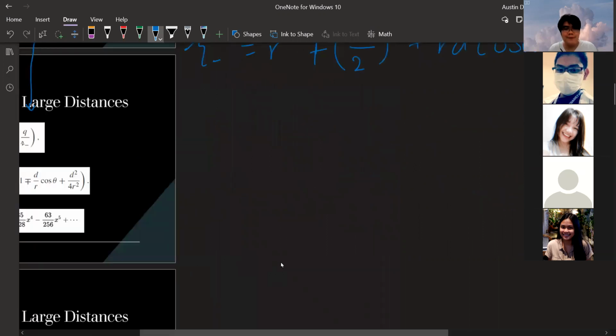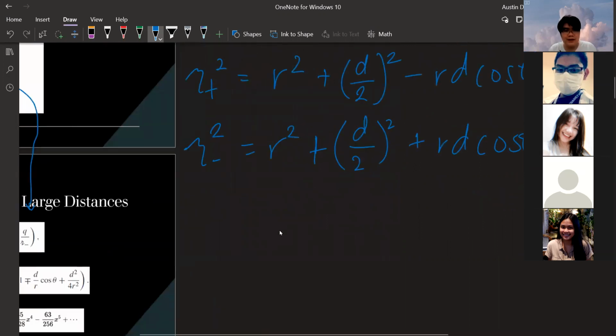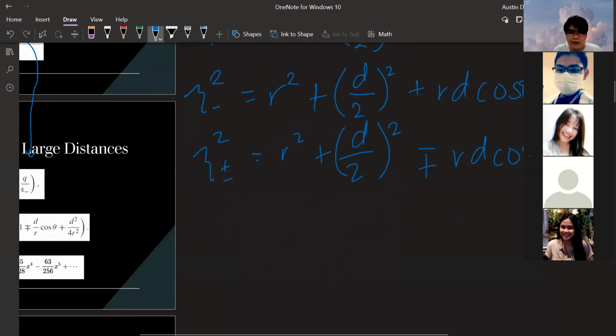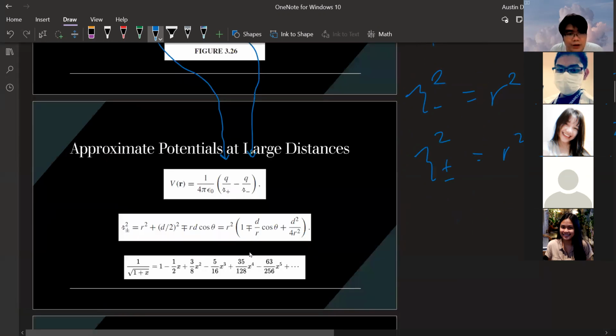Okay. So we can simplify this as R plus minus squared, R squared plus D over 2 squared, minus plus RD cosine theta. Okay, so is that similar to this one? Okay, so ito rin yan.